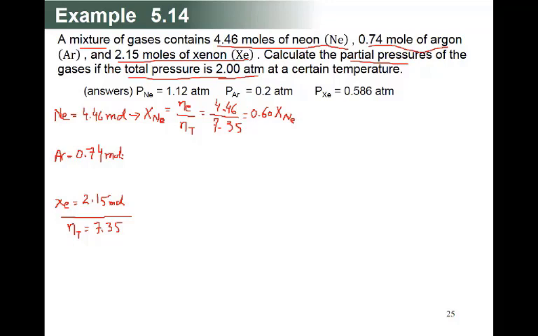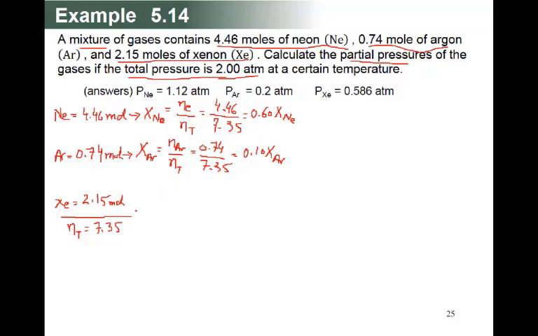Similarly, the number of moles of argon we also have to change into mole fraction of argon. Same formula, moles of argon divided by total moles, that is 0.74 divided by 7.35, equal to 0.10, and this is the mole fraction of argon, the second gas.